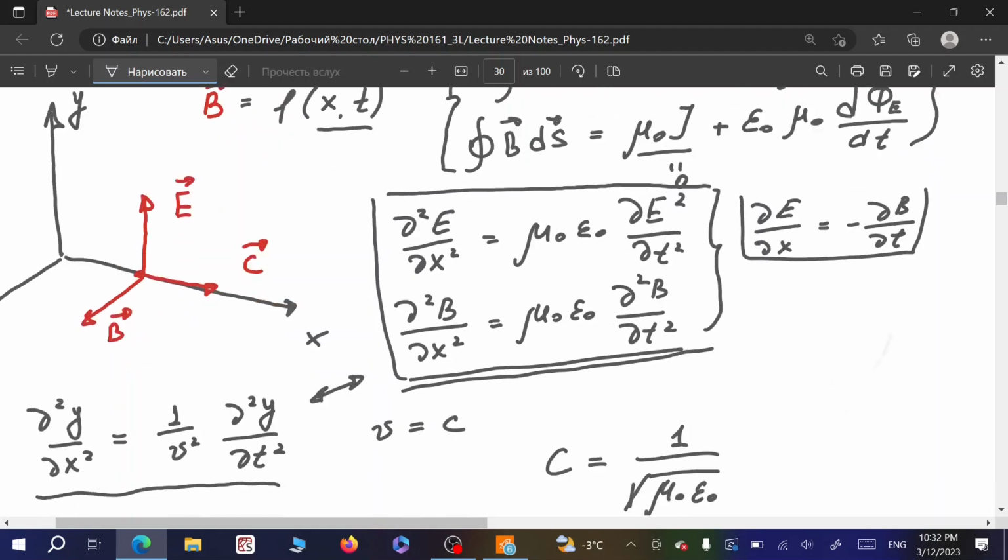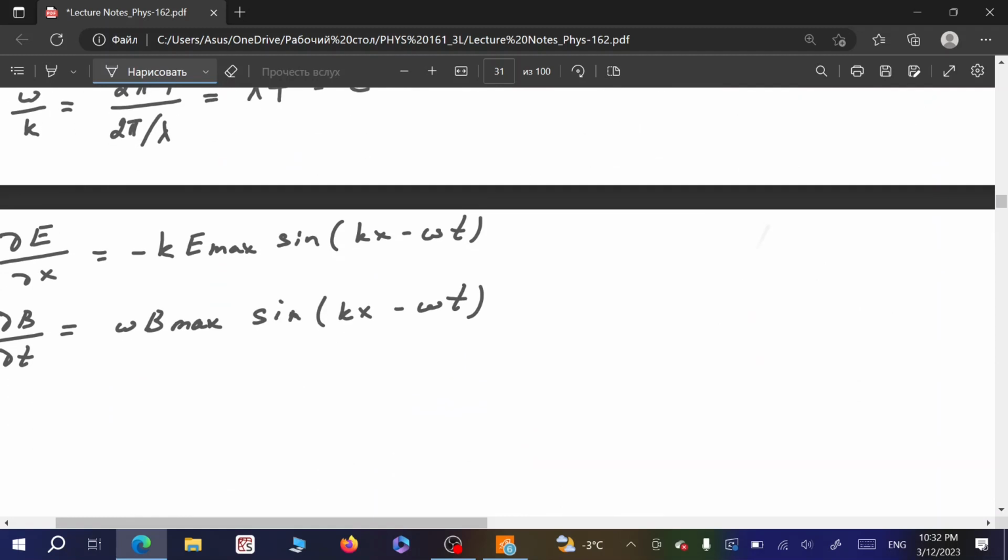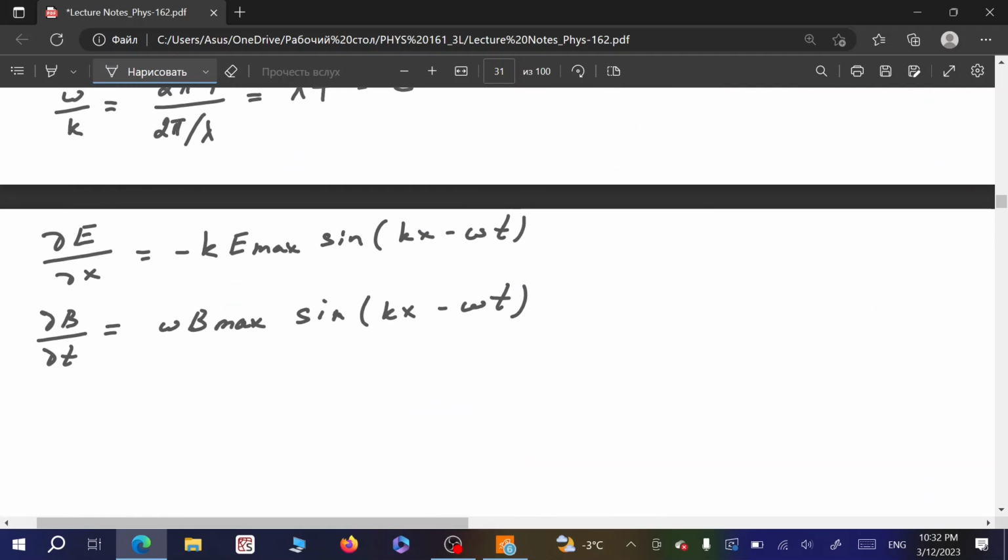So taking this into account, coming back to our derivatives, we actually can write that k times E maximum is equal to omega times B maximum, since they actually are equal to each other.